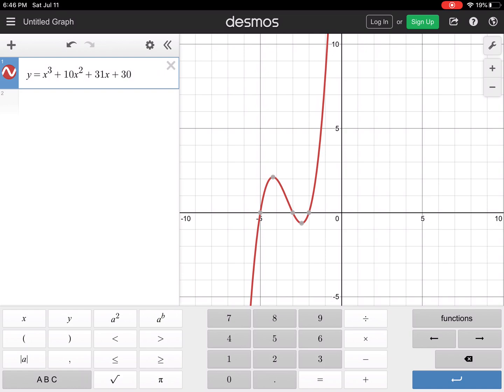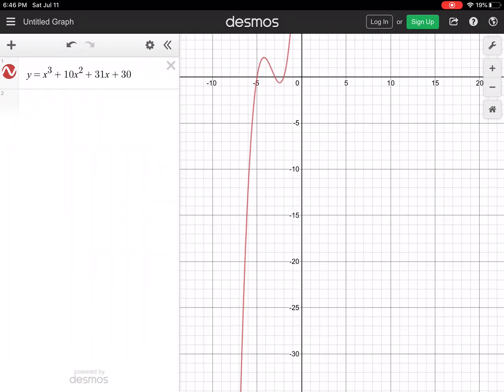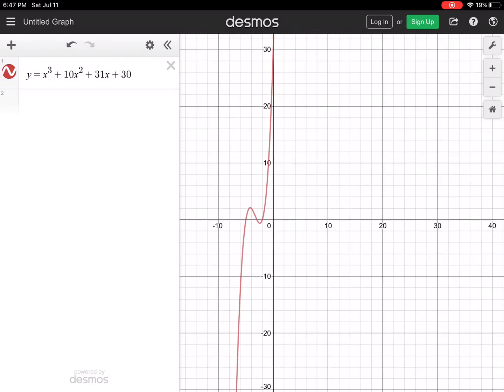Okay, so we have to follow this graph. Remember, you can zoom in and zoom out. Anywhere along the graph here, notice I'm basically just using my finger. I need to be going up, sorry.